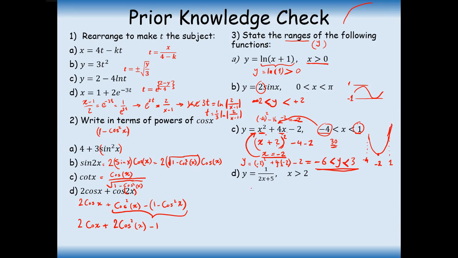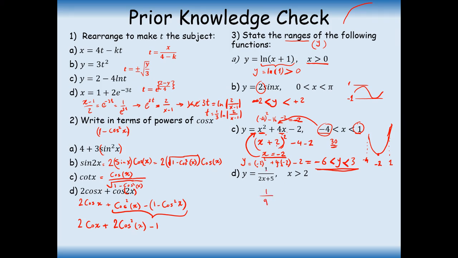So the next question is saying that y is 1 over 2x plus 5 and x is always bigger than 2. So if we substitute x equals 2 here, we will have 1 over 9.